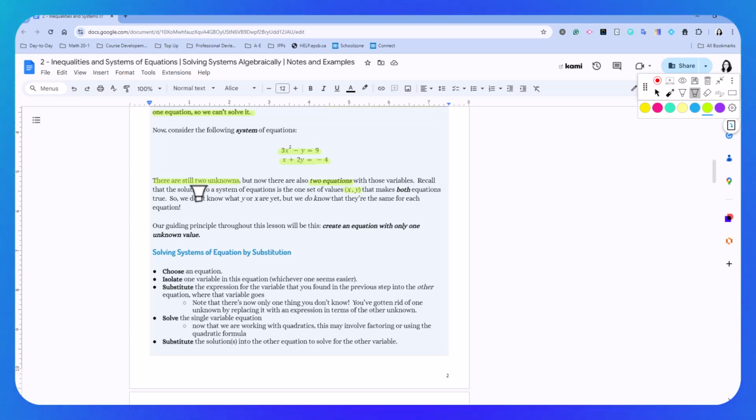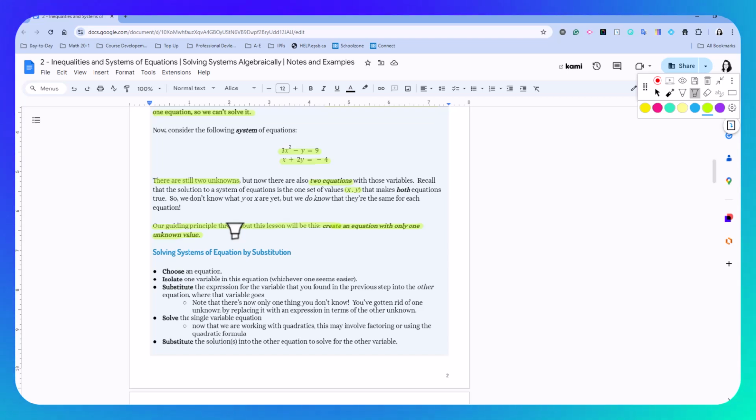So we don't know what x and y are yet, but we do know they're the same for each equation. For this lesson, our guiding principle will be: create an equation with one unknown value, and then we can find what that one is.